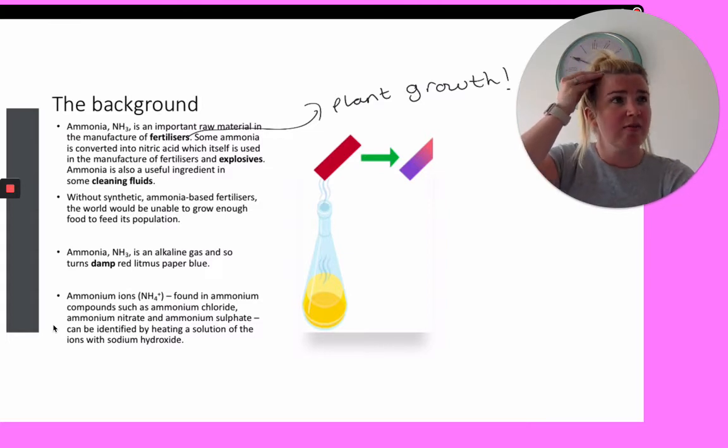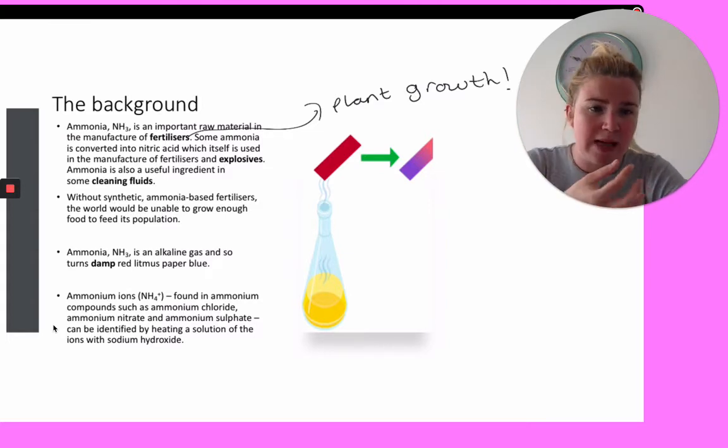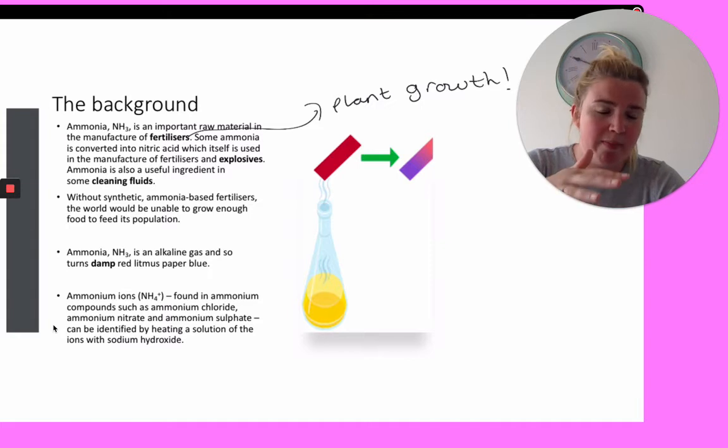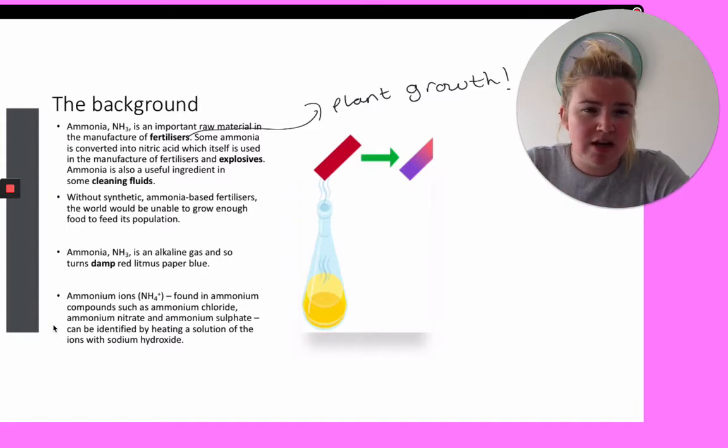The other thing with ammonia, you might even know the smell of ammonia from watching your parents or grandparents doing some cleaning. Ammonia is a main ingredient in a lot of cleaning fluids, okay? Without making ammonia and putting it into fertilisers, we wouldn't be able to grow food.